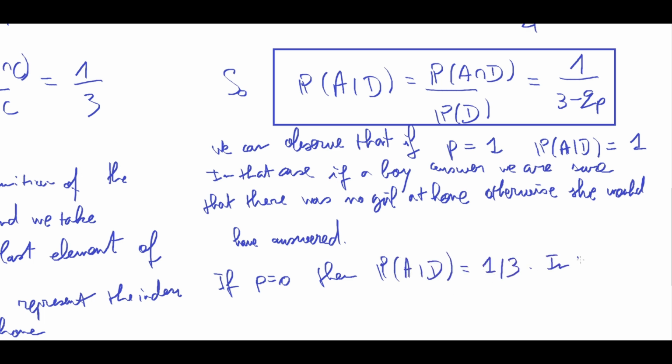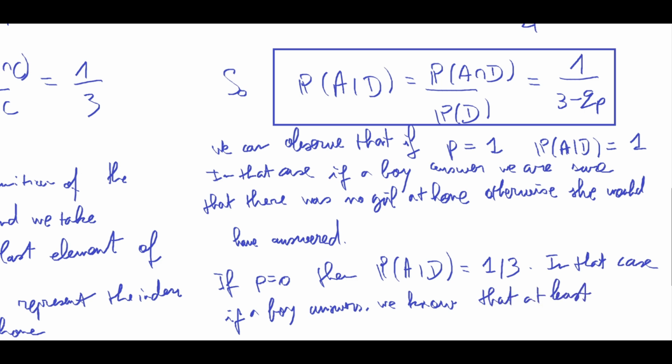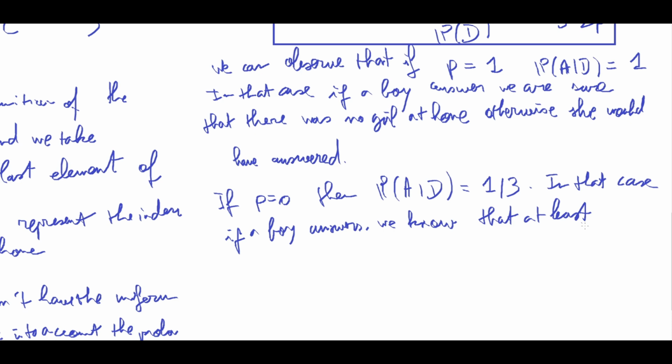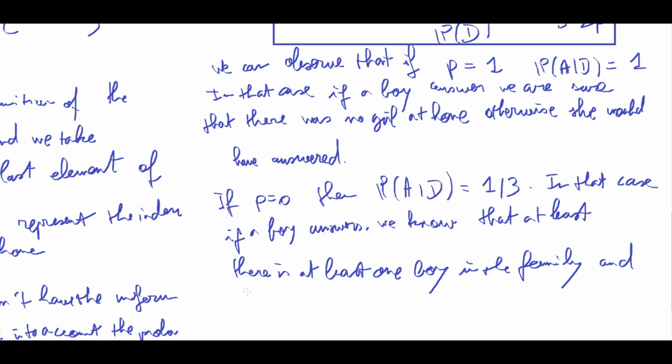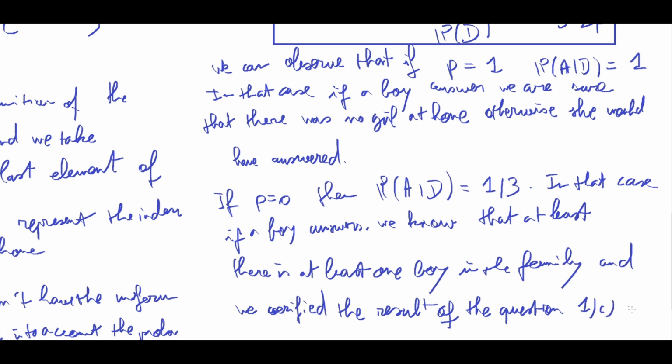In that case, if a boy answers, we know that there is at least one boy in the family, and we can verify the result of question 1c the second time.